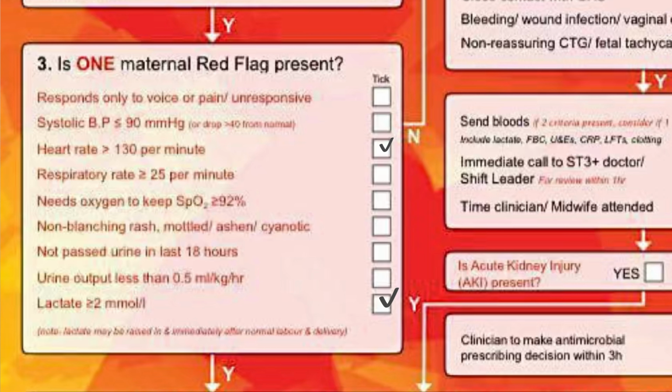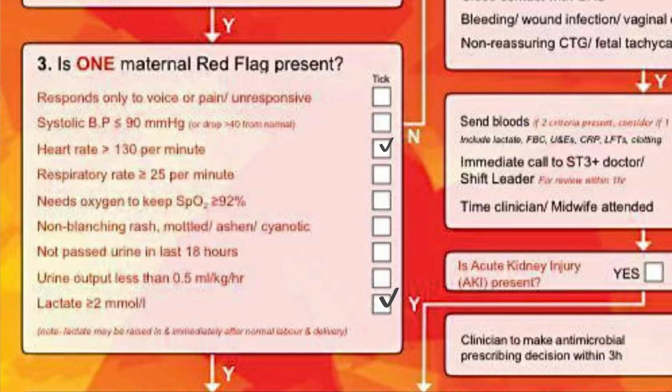Lactate is a blood test which is used to check for possible infection. If it's a child, that is, if the mother was in labor and she had a baby, they had a cord gas taken, and the baby had lactate of more than 5 millimoles per liter, then we will say that there was a possible sign of infection, and she needs to be managed on a lactate pathway.